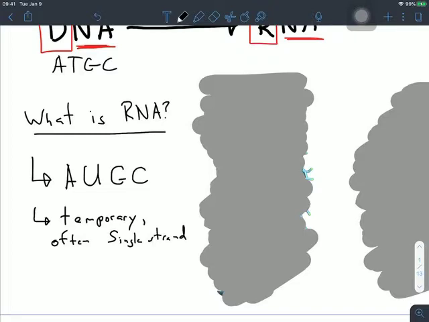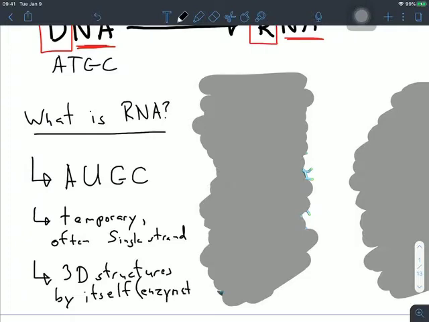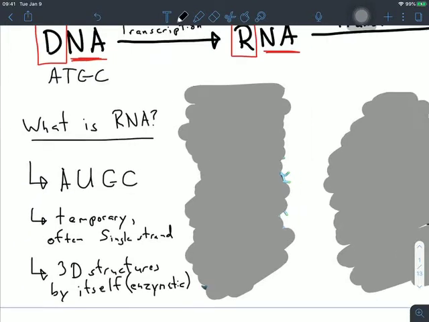The unique component of RNA that really distinguishes it from DNA is its ability to form three-dimensional structures on its own. This allows RNA to have some enzymatic properties, meaning that RNAs can catalyze reactions on their own.